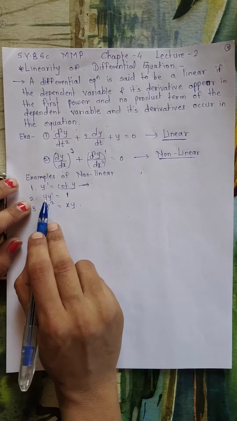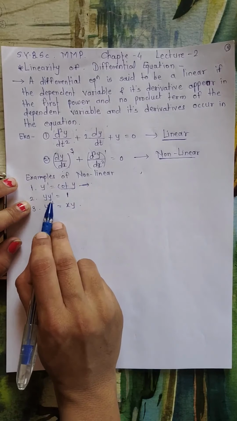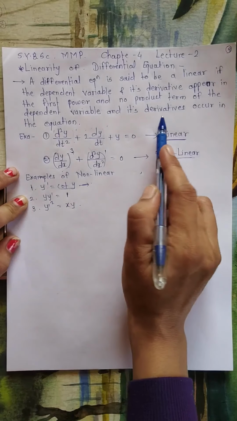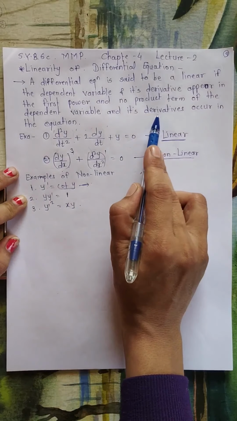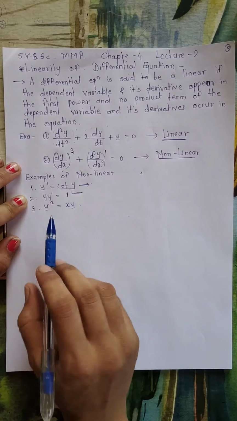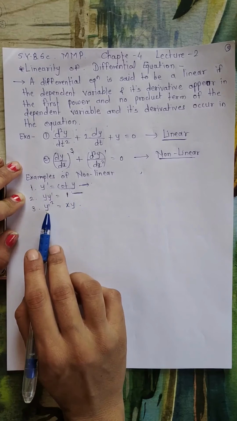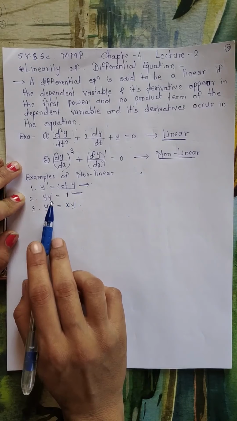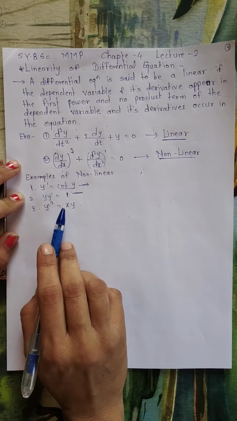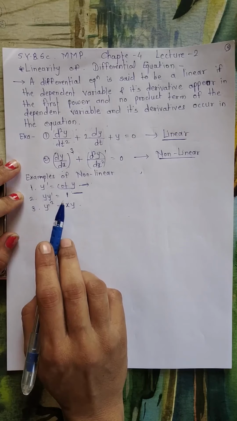Now here if you observe, there is a product of the dependent variable and its derivative. This should not be the case for a linear differential equation. Therefore this is a non-linear differential equation. And here you can see the power of the derivative is greater than 1, so this is also a non-linear differential equation.